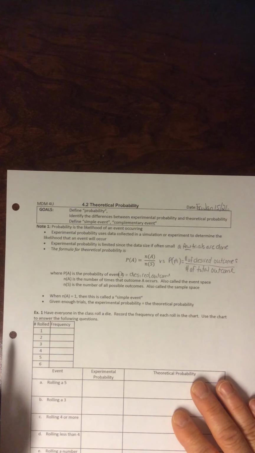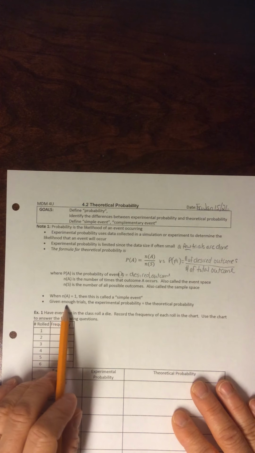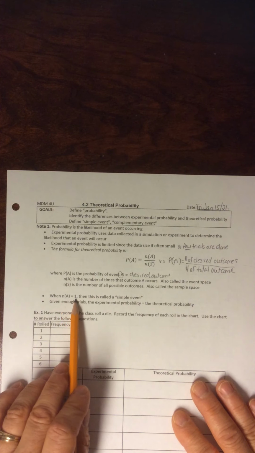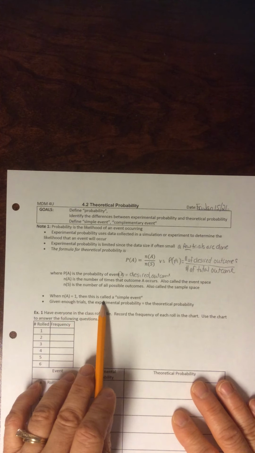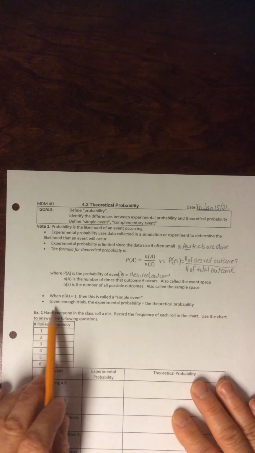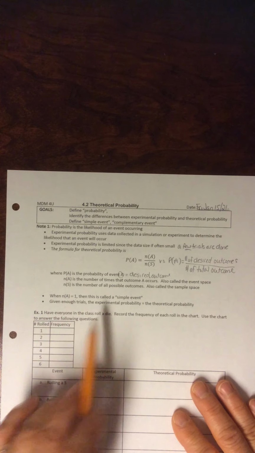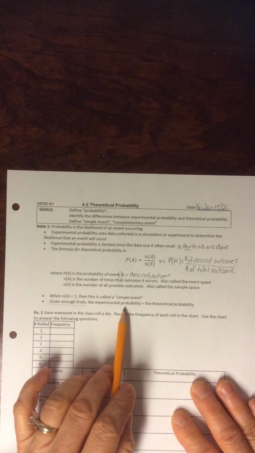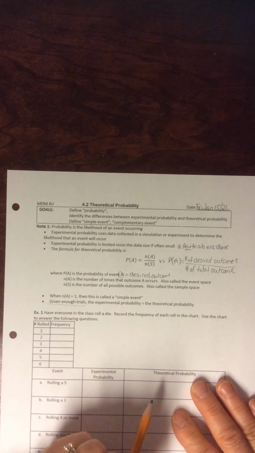So when the value of A, the number of desired outcomes, is equal to 1, then the probability is called a simple event. And given enough trials, that's the key, the experimental probability is equal to the theoretical probability.